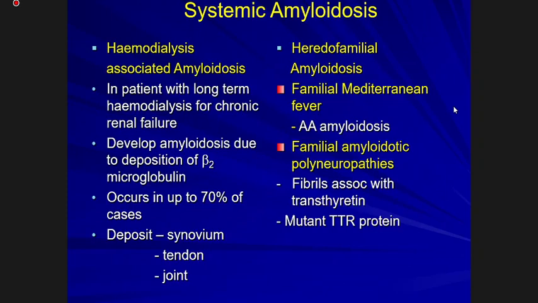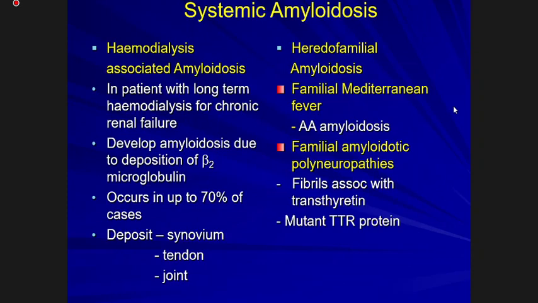Another one is familial amyloidotic polyneuropathies. These polyneuropathies are associated with transthyretin protein, your ATTR protein. In this form of heredofamilial amyloidotic polyneuropathy, it is due to mutant TTR protein.